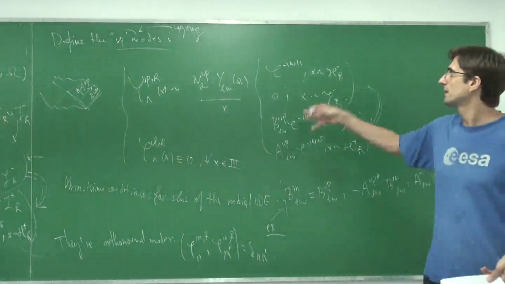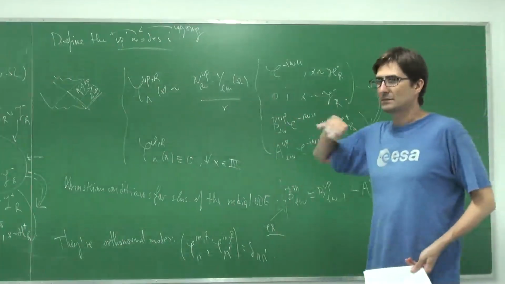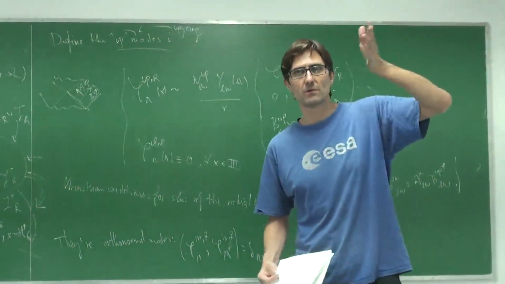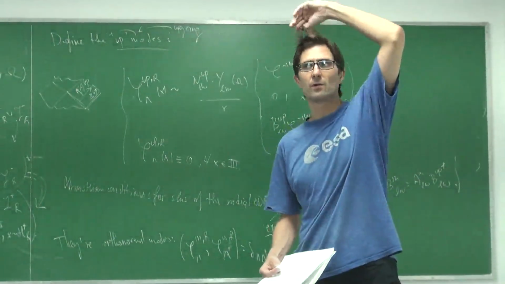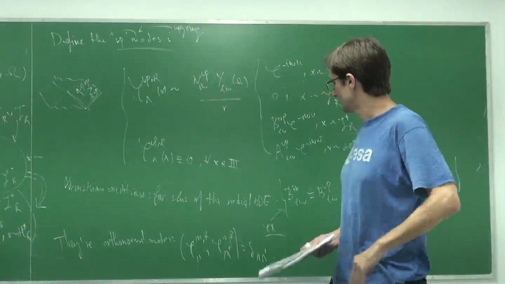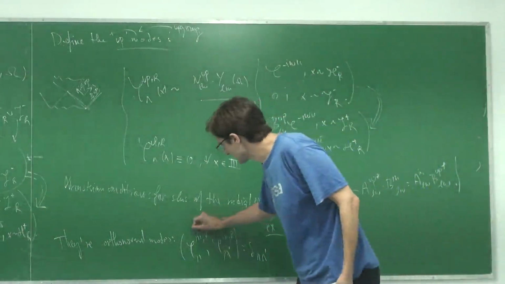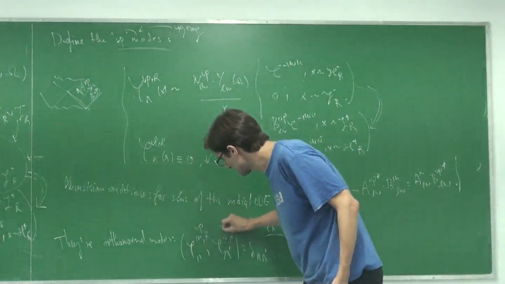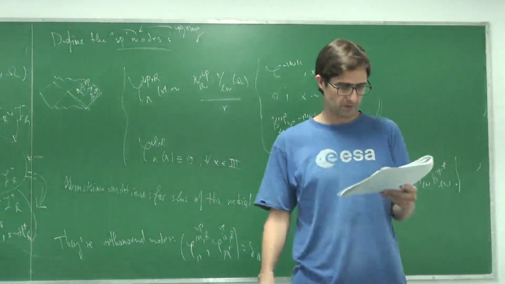You determine the normalization so that this is true, and just the same as what we gave before, 1 over the square root of 4 pi omega. And same for the odd modes. This is also true for the odd modes.